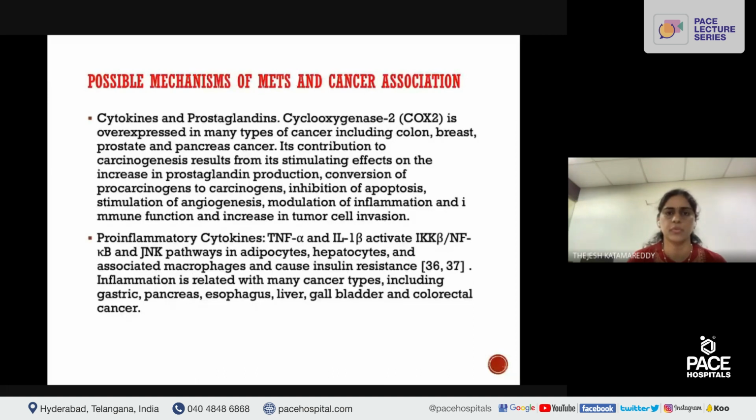Cytokines and prostaglandins like cyclooxygenase 2 are also overexpressed in cancers like colon and breast. Pro-inflammatory cytokines like TNF alpha and interleukin 1 beta activate the IKK beta and NF-kappa B pathways, thereby causing insulin resistance. These inflammatory markers are related to most cancer types like gastric, pancreas, esophagus, liver, gallbladder, and colorectal cancers.